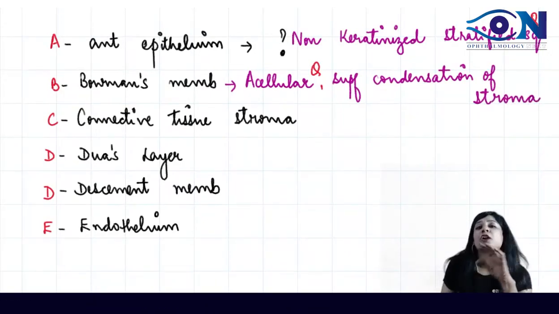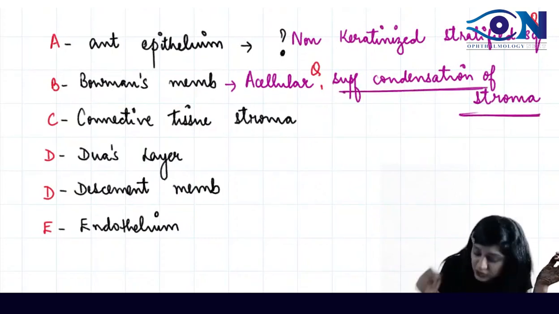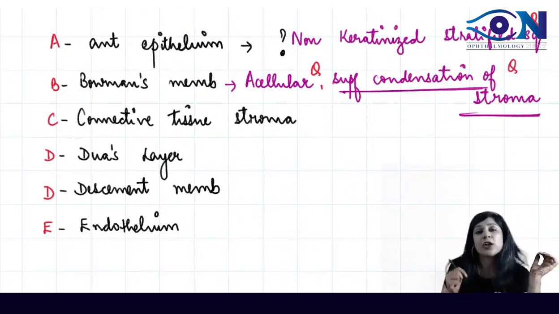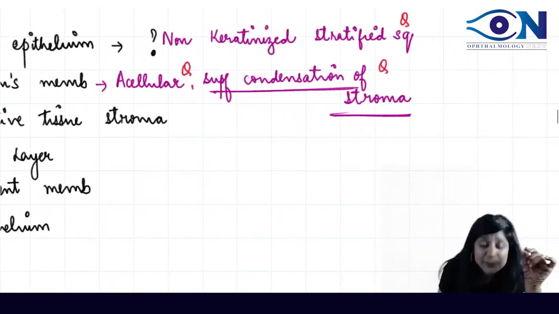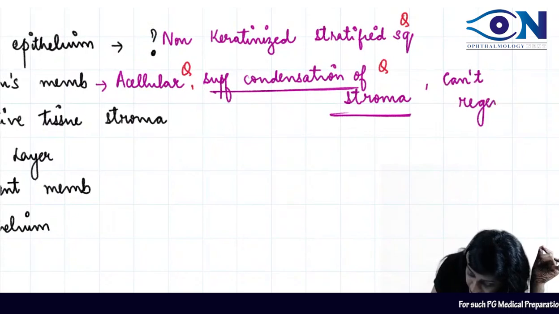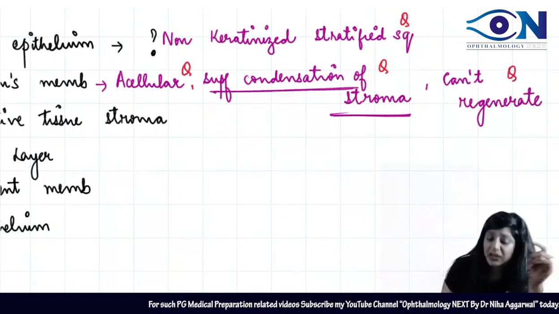So it is not having any cells. Just the stroma is condensed superficially and it forms your acellular layer. So what is important about it? Therefore, it cannot regenerate. 3 important questions.